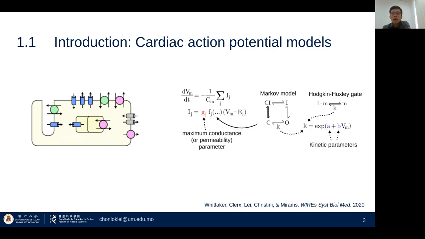And the last one is the driving term. Here it is shown as an ohmic form, which is proportional to the membrane voltage, Vm here, and sometimes it's modeled with a GHK equation, again depending on the current type. And in the rest of this talk, I will assume that we are mainly interested in the maximum conductance parameter, the G here.